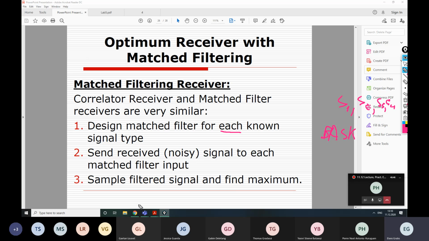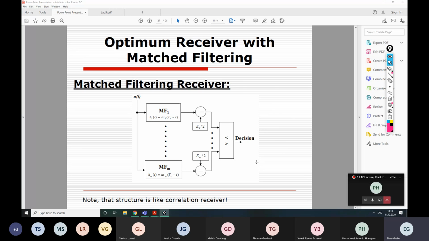Now, we are going to send what we have received to any of these matched filters. So all 4 filters will receive the same noisy signal, but only one will produce the highest energy value. So we need to compare the outputs of all of the 4 filters and select the highest value, which works exactly the same way as it has been working for a correlation receiver.